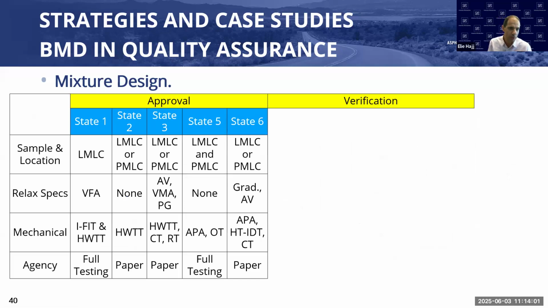Obviously, cores did not come into play in there, but maybe during the acceptance process they could. So how important is it to understand that difference between lab mixes, plant mixes, and even cores, and what mix type should your acceptance be based on?